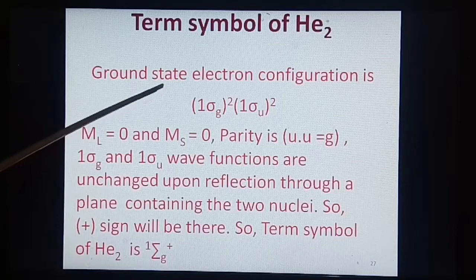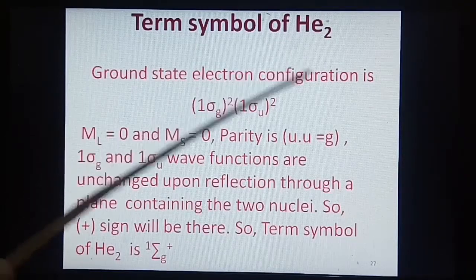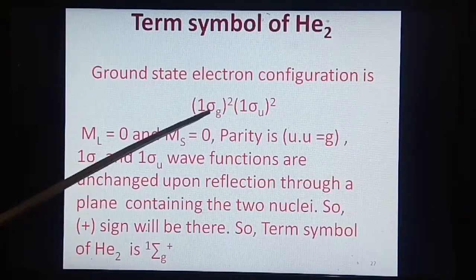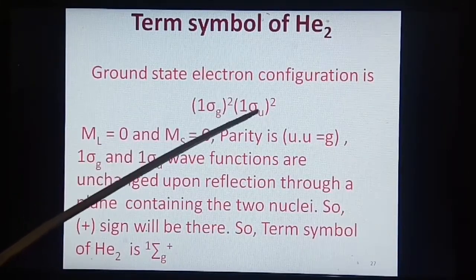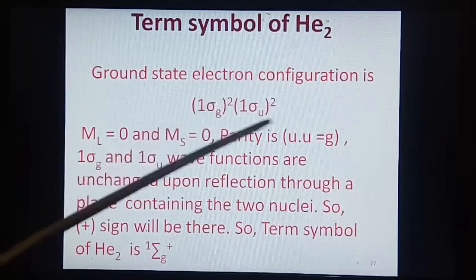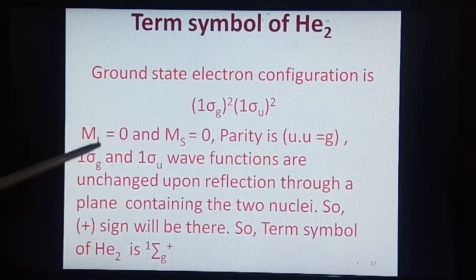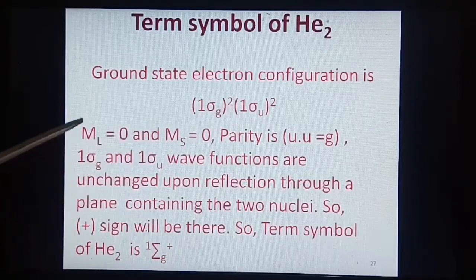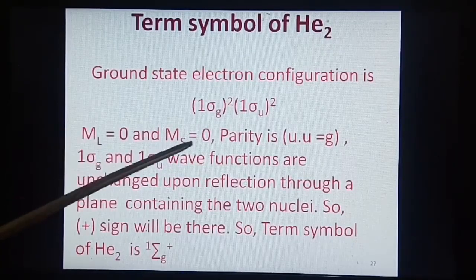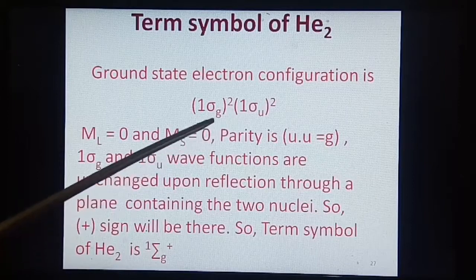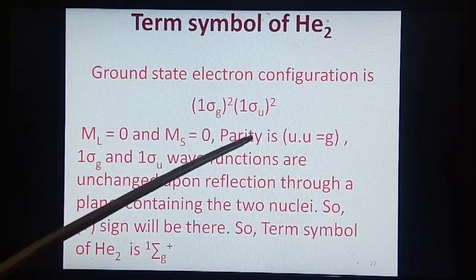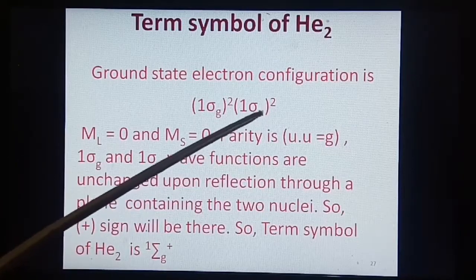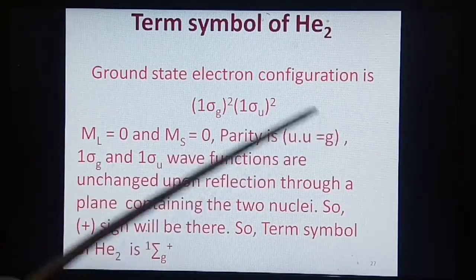Now the ground state electronic configuration of He2 is 1σg² 1σu². Here both the electrons will be there. Because all the orbitals are sigma, ML will be 0, and all the electrons are paired, so MS will be 0. For parity, one pair is g and the other pair is u, so the product is g.